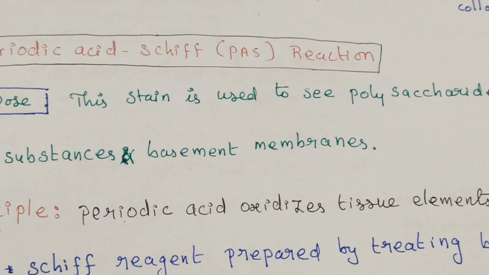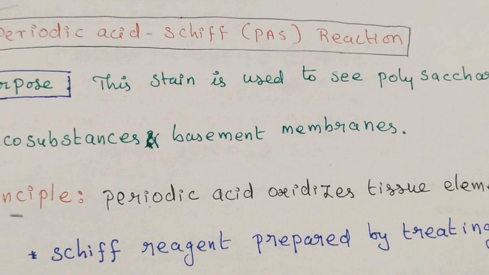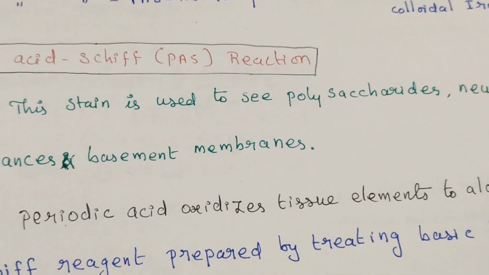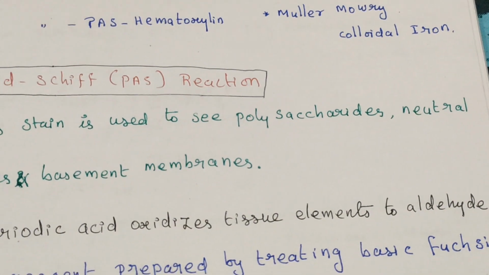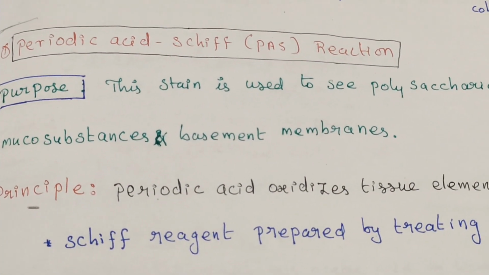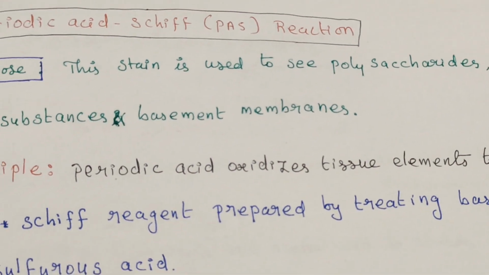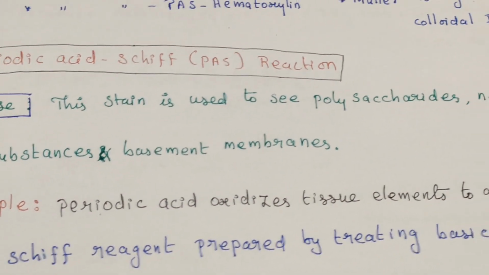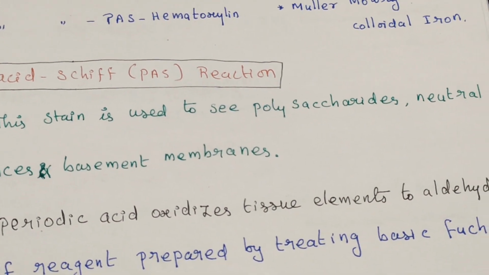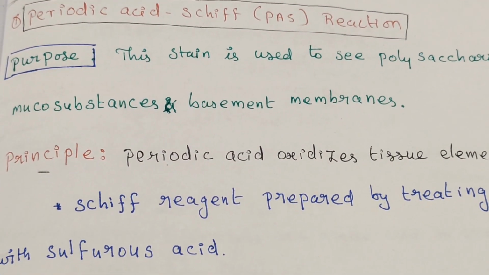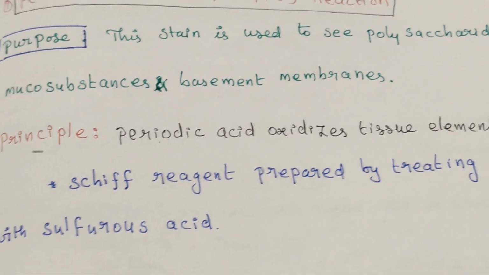What is the purpose? This stain is used to see polysaccharide. So why are we using it? To observe polysaccharide, neutral mucous substances and basement membranes.